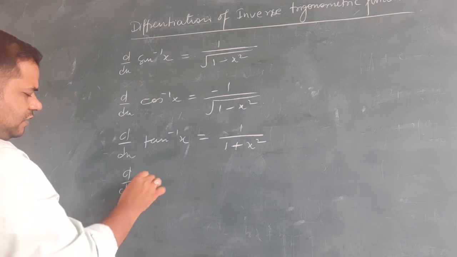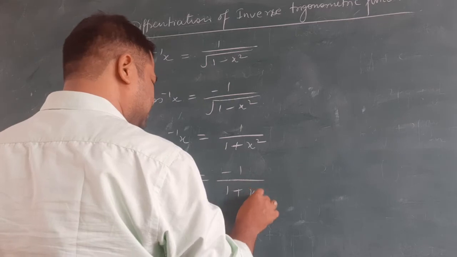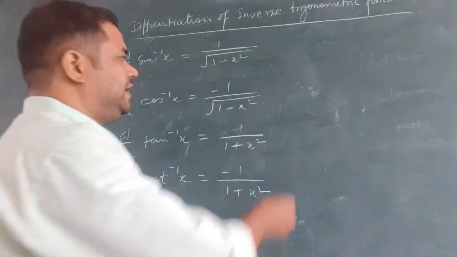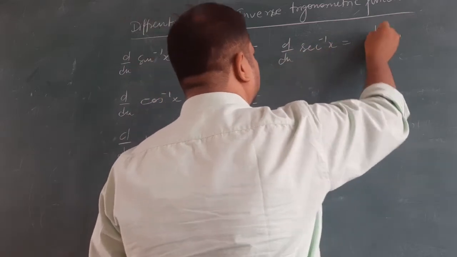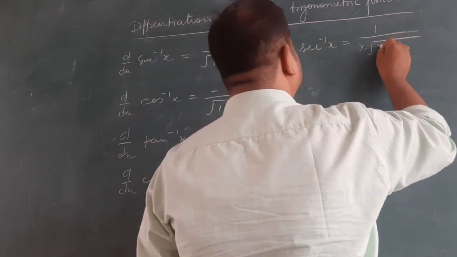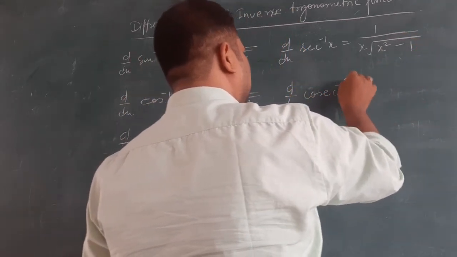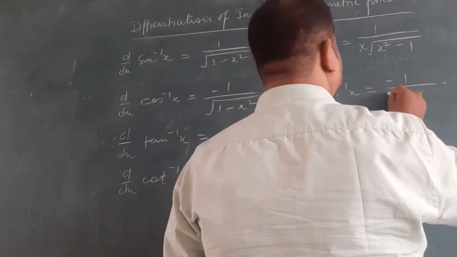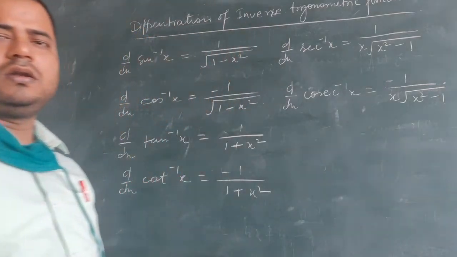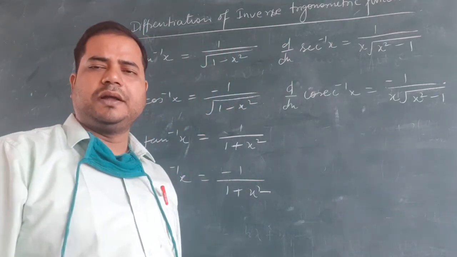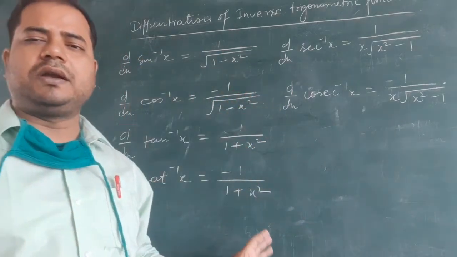D by dx of cot inverse x is minus 1 upon 1 plus x square. And d by dx of sec inverse x is 1 upon x root of x square minus 1. D by dx of cosec inverse x is minus of 1 upon x root of x square minus 1. Okay, so this is the differentiation of inverse trigonometric function.